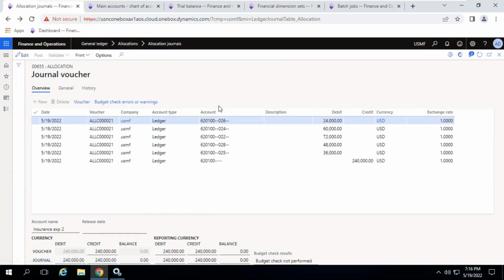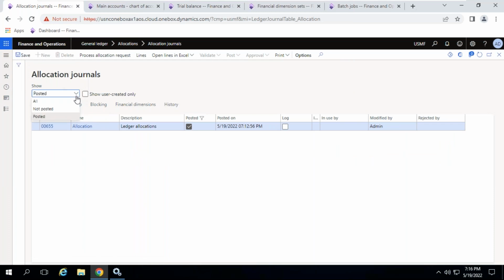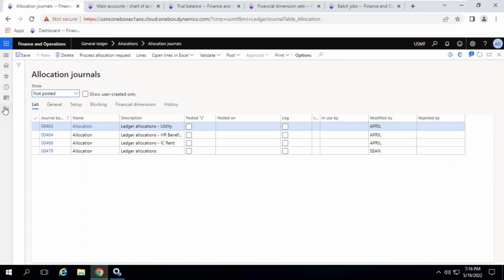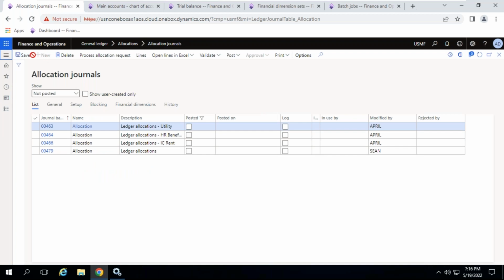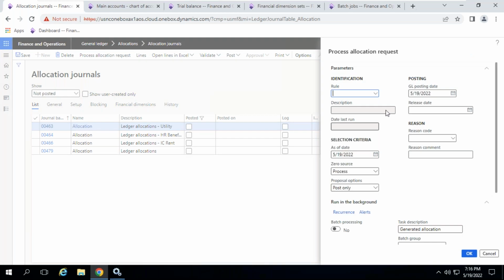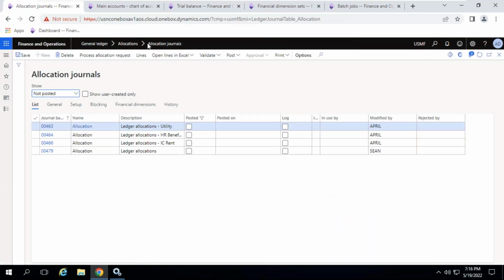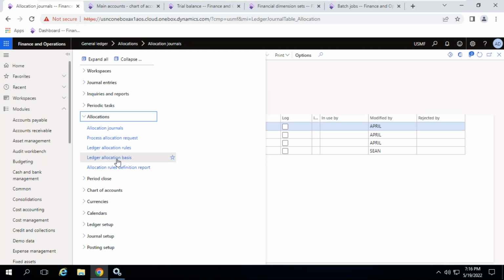Otherwise, whatever you are doing in process allocation, you can do from here also by clicking new. The same process allocation request you can do from allocation journals, or you can do it independently from here.